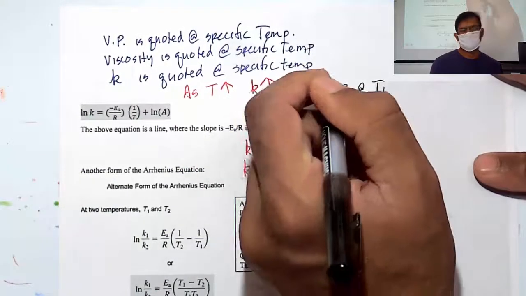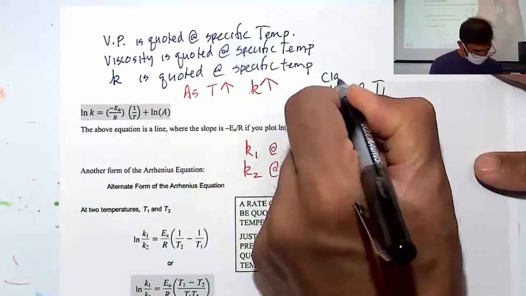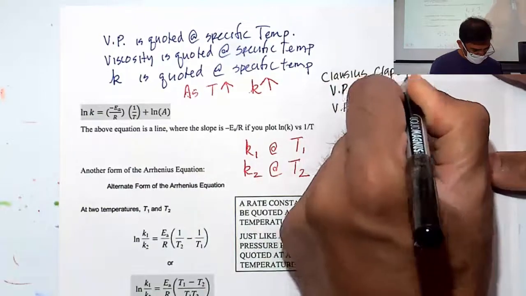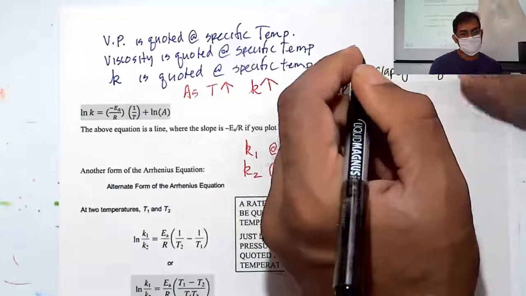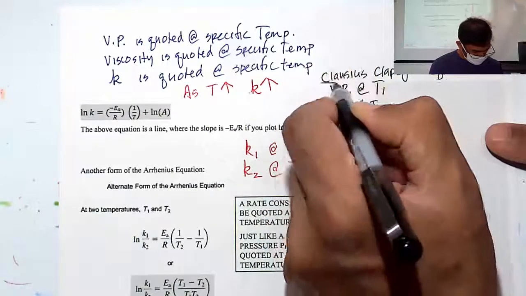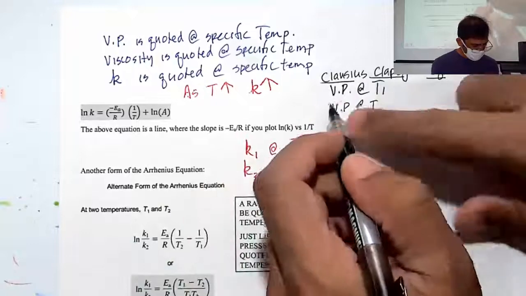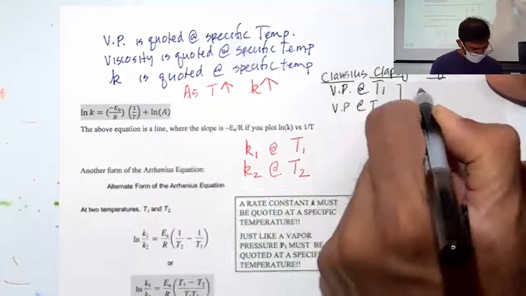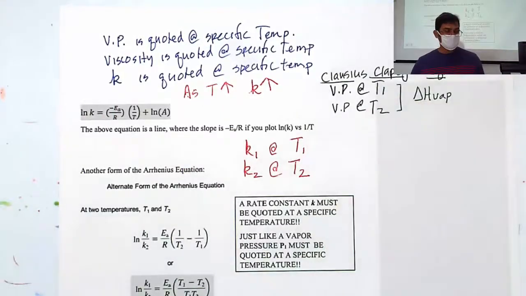This is called the Clausius-Clapeyron equation. We did this in class, and I believe it's on your written test. That's the relationship between Vp at T1, Vp at T2, and delta H vaporization. So expect a question on the exam related to that.